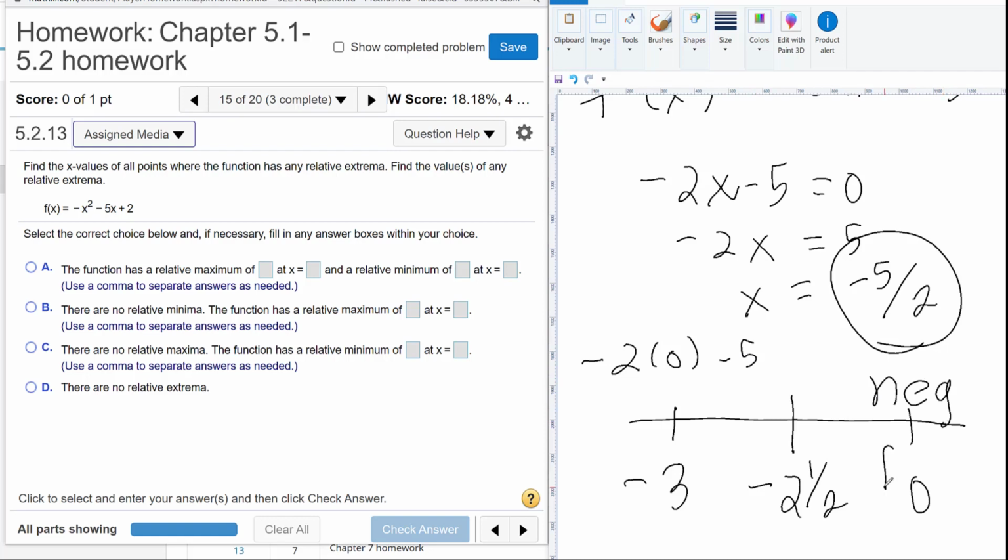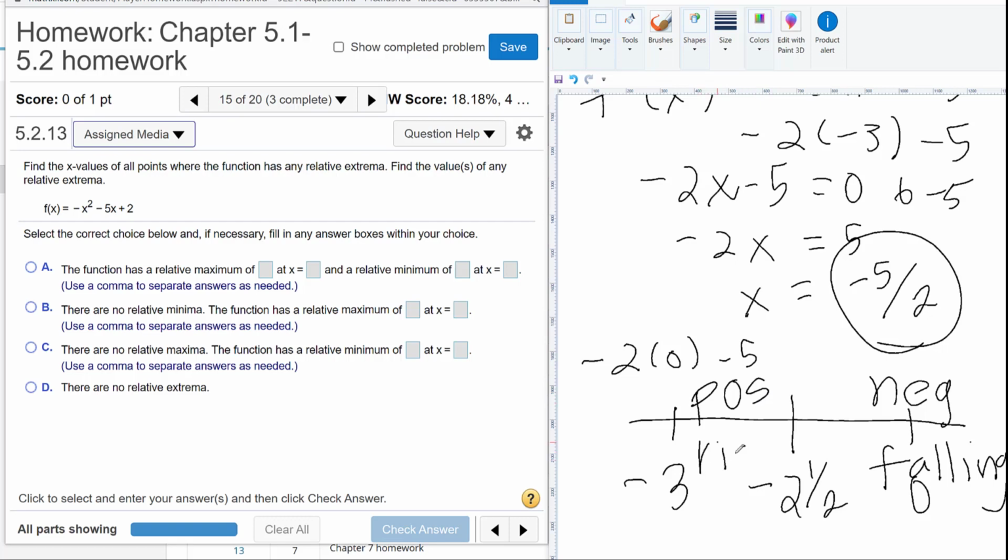So the function's falling over here, the original function is. And if I put negative 3 in, I get negative 2 times negative 3, which is 6 minus 5, which is positive 1. So it's positive on this side, and it's rising or increasing over here.